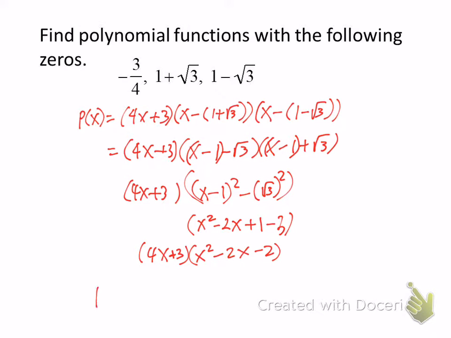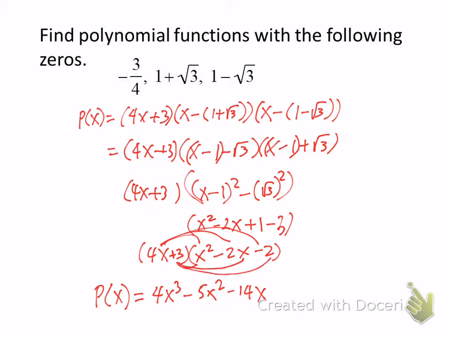Pulling all that out, I get, let's see, 4x cubed, and that'll be negative 8, 5 minus 5x squared. That's negative 8, and negative 6, negative 4. Wait, is that negative? Yeah, it's negative 14x and minus 6.